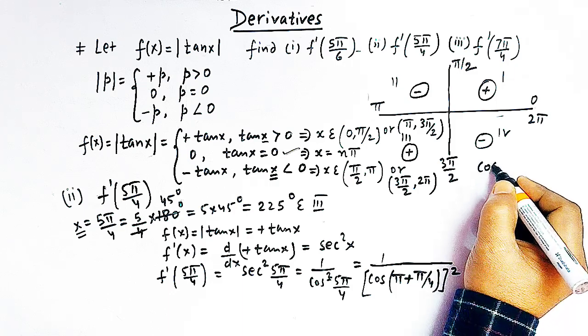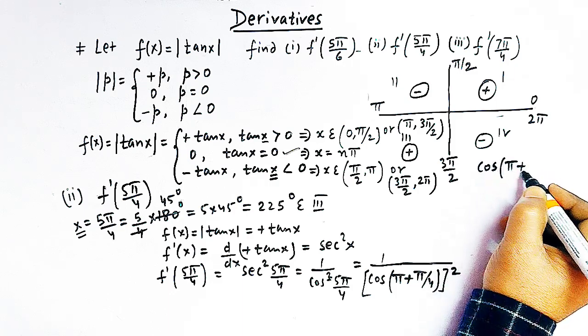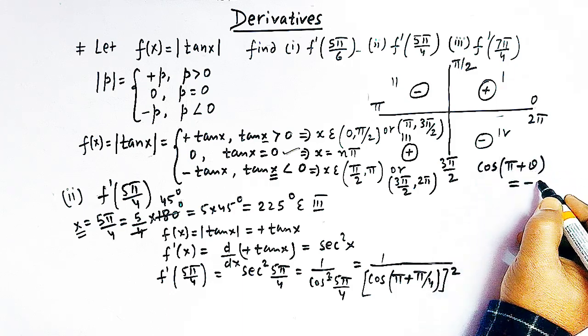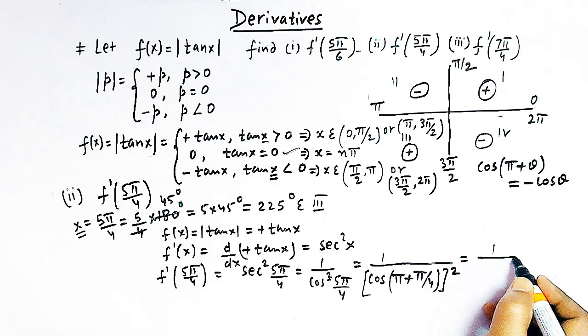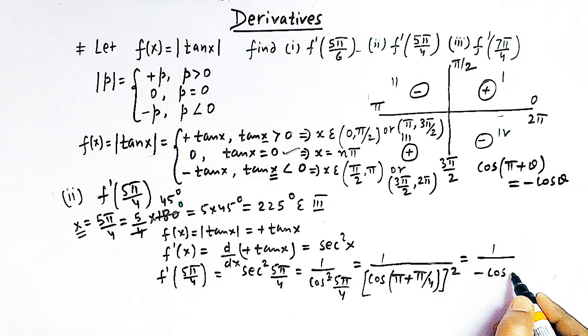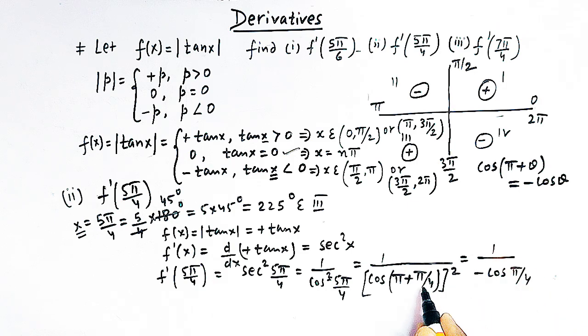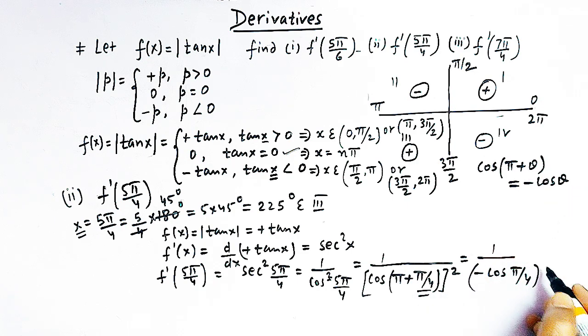Now from trigonometry we have cos pi plus theta is equal to negative cosine theta. So here we have 1 over minus cos pi over 4. So theta is pi over 4, and here we have the square, right?